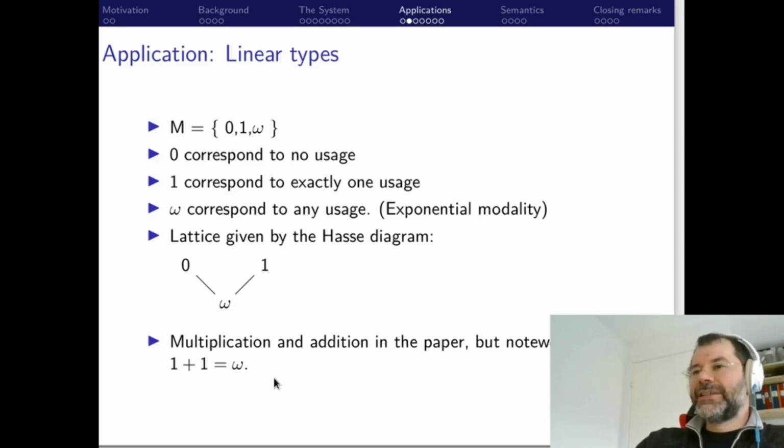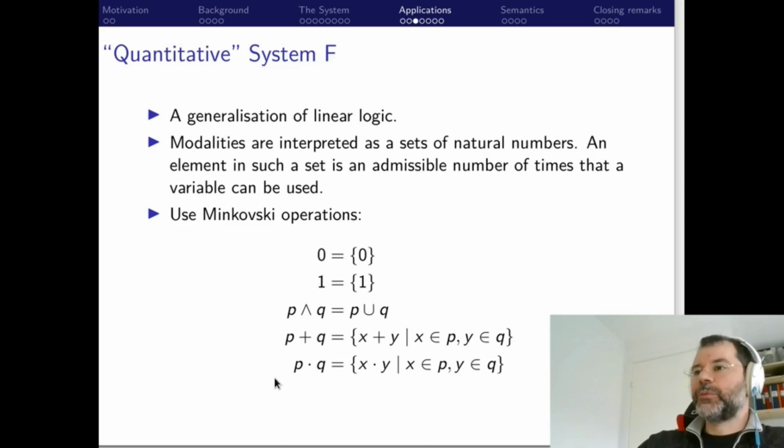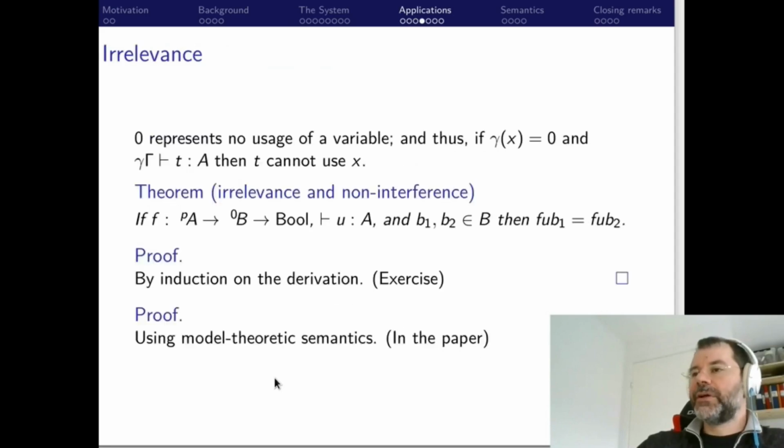A useful generalization of linear types is a system which tracks the exact number of times that a variable is used. However, one must allow for sets of possible usages to implement the meet as set union. The rest of the structure falls out from this choice. An interesting property of all such modal systems is that a 0 annotated parameter is guaranteed not to be used. This is captured by the irrelevance theorem, which is stated as shown here and proven in the paper.